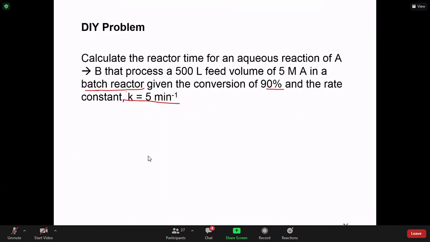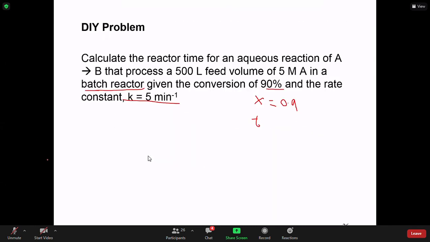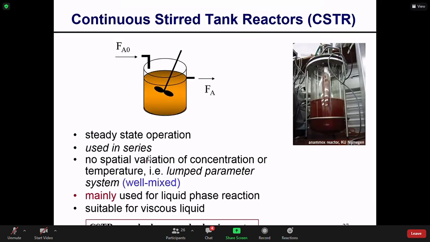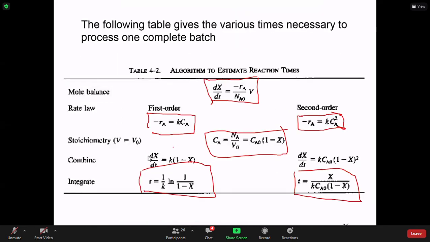You know K is 5 and the conversion X is 0.9. So you just substitute into this one. You can try this on your own. Okay, that one is for the batch reactor.